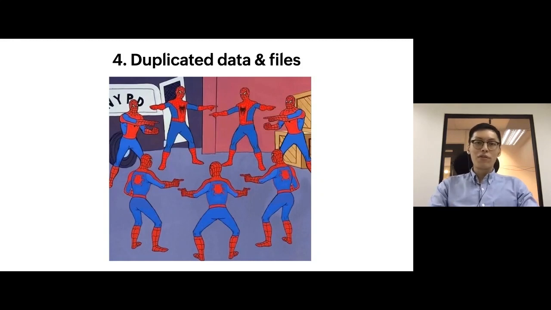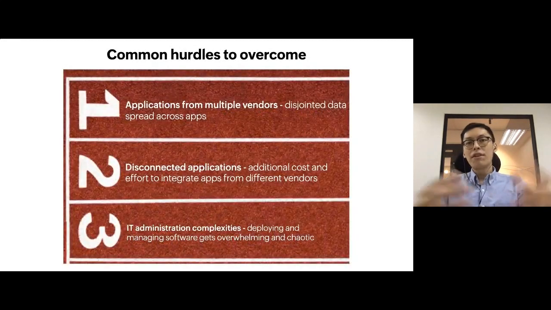Now, of course, I could go on for days hammering out all the various challenges that come with using multiple softwares, right? But I really just want to streamline it to three at the end of the day. These are the three we want to focus on today and see how we can overcome them with Zoho One. So number one is, of course, the data silos that come with using multiple different tools, right?